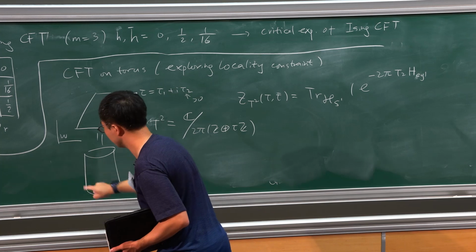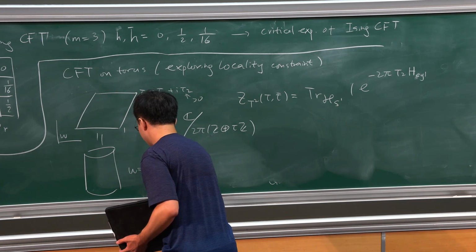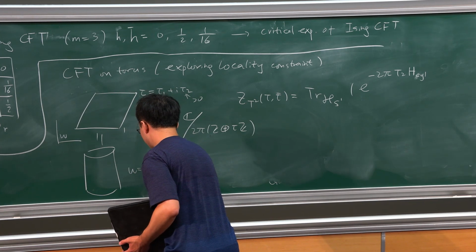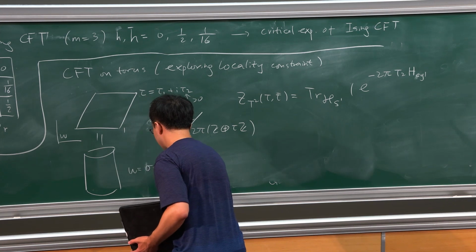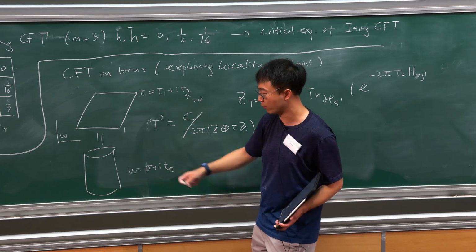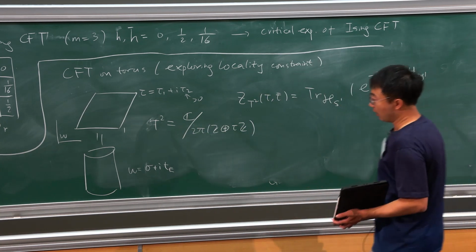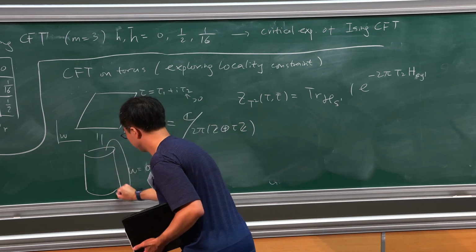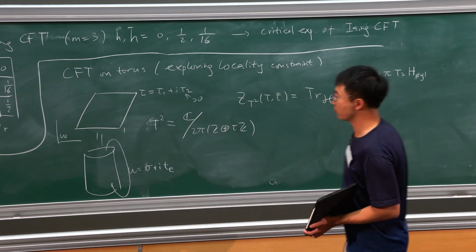So this is the same W that we used before. So let me use sigma plus i t. So this is the Euclidean time. Okay, so to just distinguish between t and tau. So before we used tau over here. By gluing the top and bottom, you obtain the same torus.